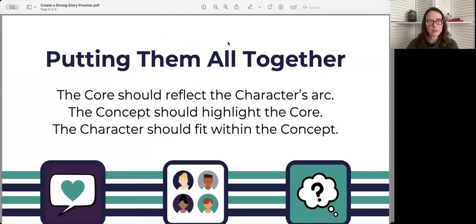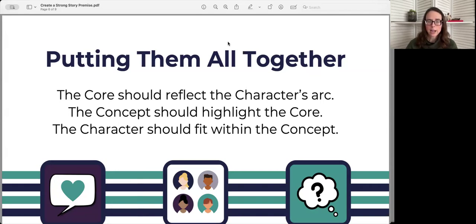So how do all of these three things work together? Well, they should all play together very nicely. That's why at the beginning I showed them as a triangle. They really do form the shape of the story. So the core should be reflecting the character's arc. The message that the story is sharing should be reflecting how the character is growing and changing over the course of the book.